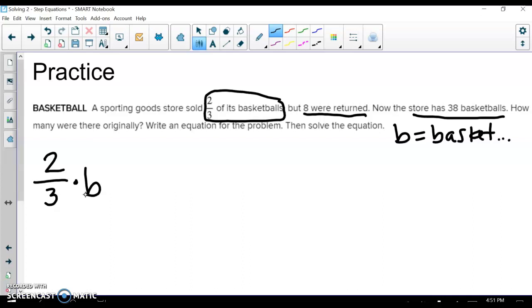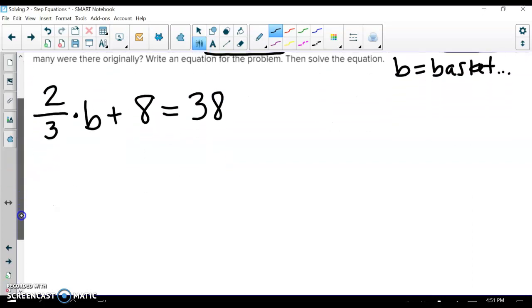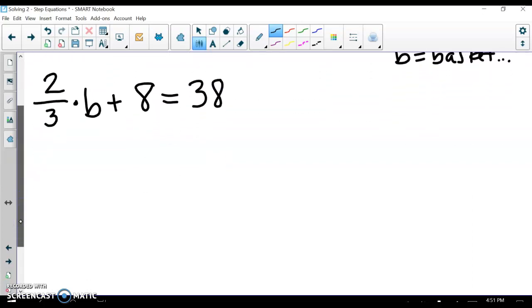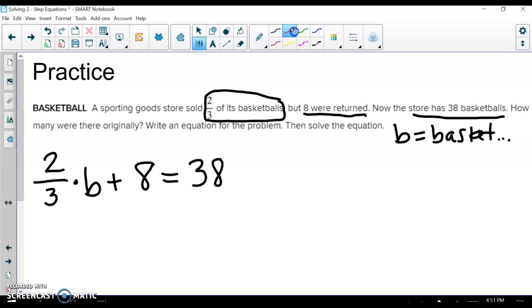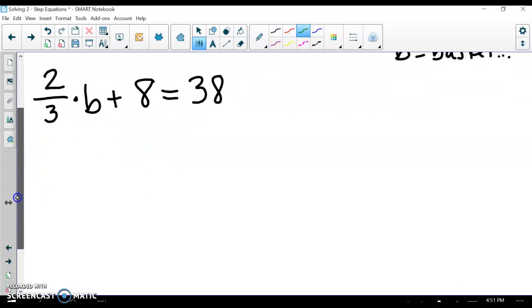So we're not going to subtract 8 because they didn't sell 8 more. They gained 8 back. So we have plus 8 is equal to 38, since they have 38. All right, so if we go ahead and solve that, we're going to subtract 8 first.